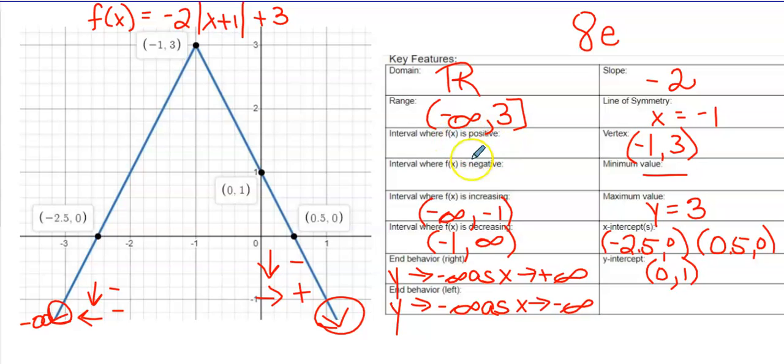Okay, now let's look at the intervals where it's positive and negative. So I'm only looking at this point and this point. I'm going to use negative infinity and positive infinity, but other than that, I'm only going to use these 2 points. So where f of x is positive, that's everything above the graph.